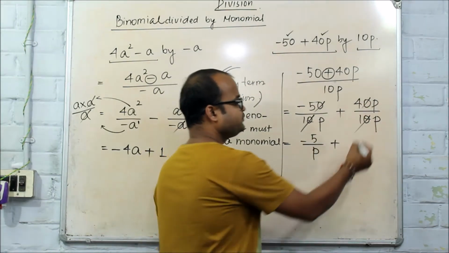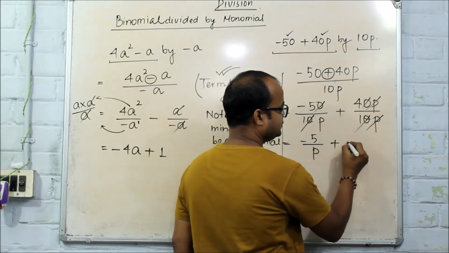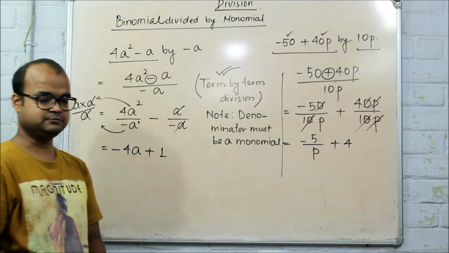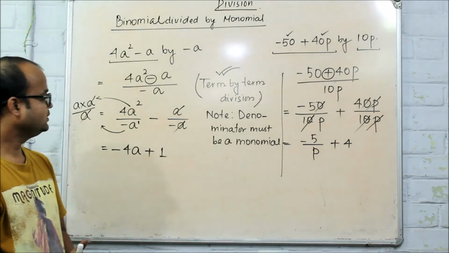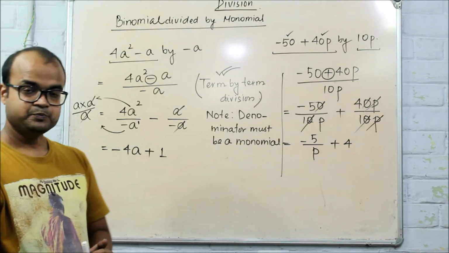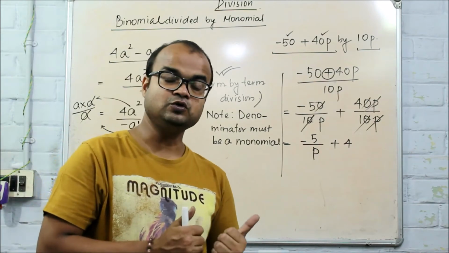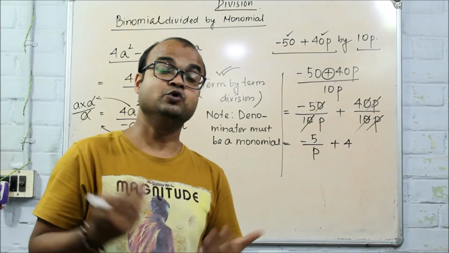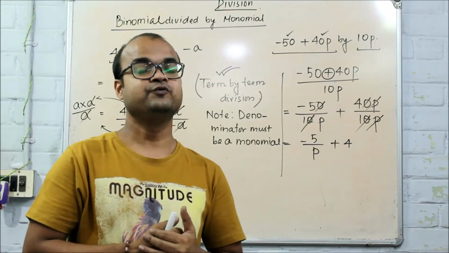It is up to you. P and p cancel, so plus 4. I think it is clear to you. Let us take one or two more sums to explain further.